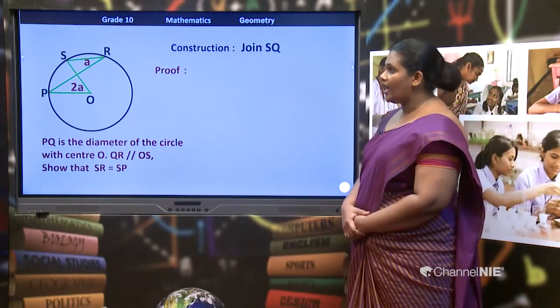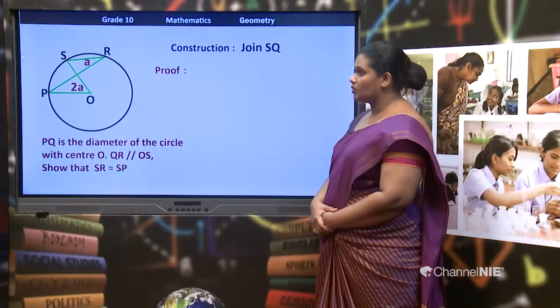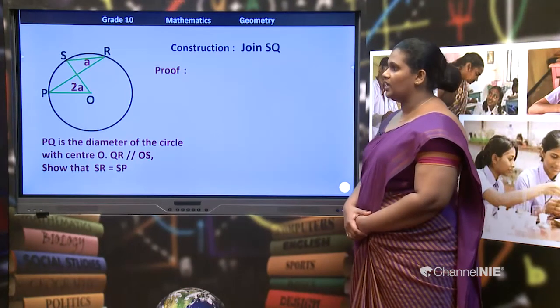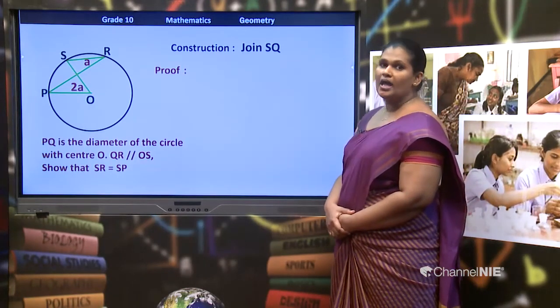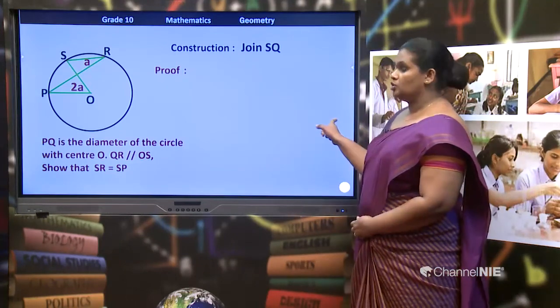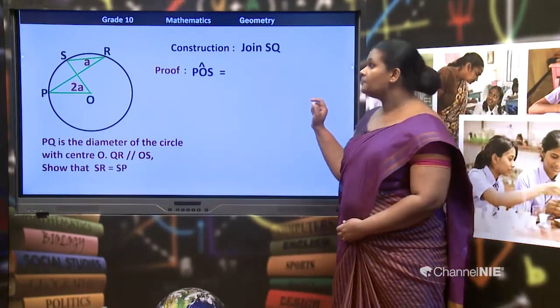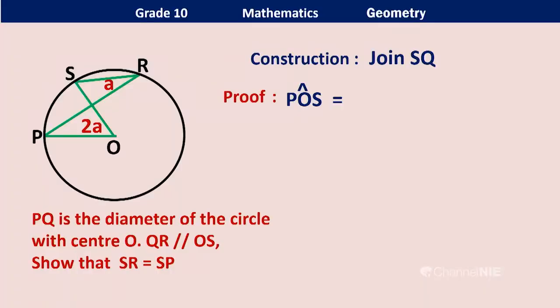Therefore, if angle SRP is equal to A, we have to take angle SOP as 2A, twice A. So, we will write it in the proof. We can write angle POS is equal to twice angle PRS.